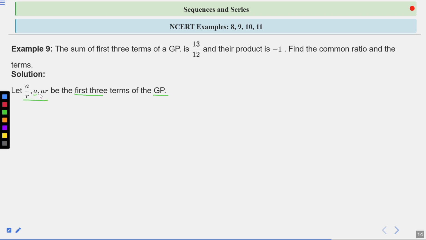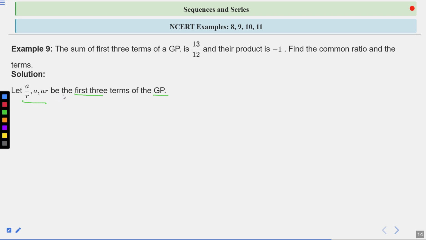And we must have some constant common ratio. If you divide the second term A by the first term A by R, you get R as your common ratio. If you divide the third term by the second term, you still get your common ratio as R. So your common ratio is constant, and indeed these 3 terms form a GP.